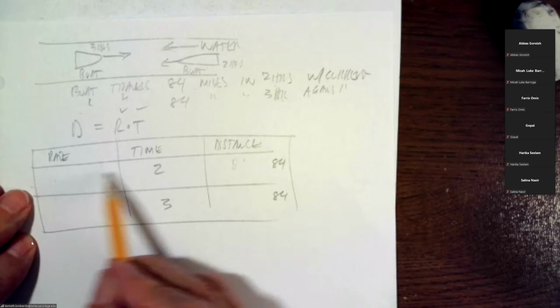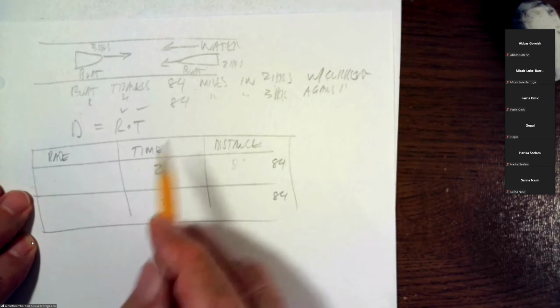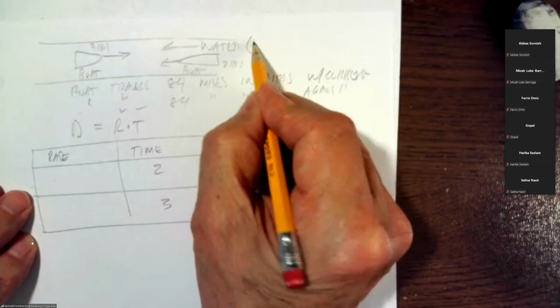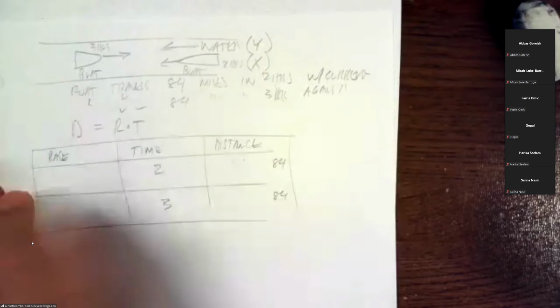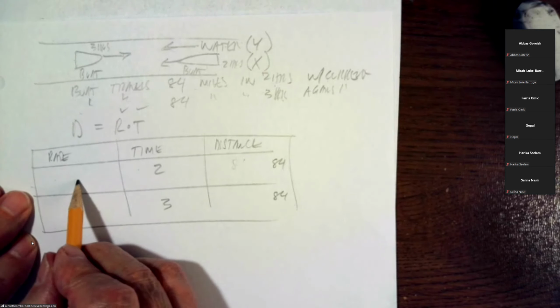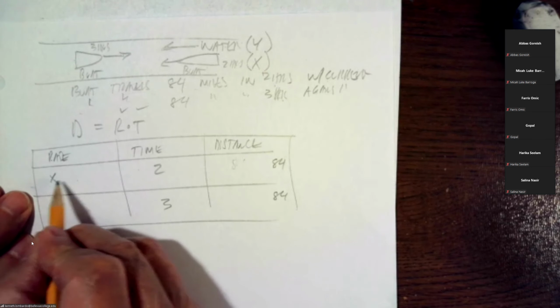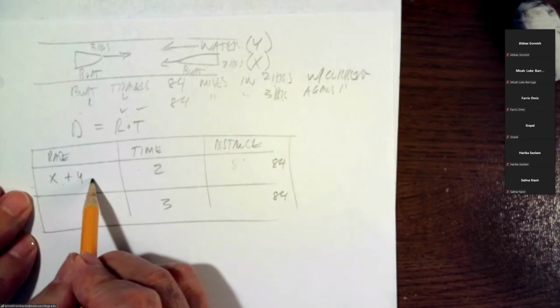Here the rate when we're going with the current. We don't know what the rate of the current is. That's this value, and let me just call that y, some value y. And the rate of the boat, I don't know what that is either, some value x. So if we're going with the current, then we can say x plus y, this rate of the boat and the current.